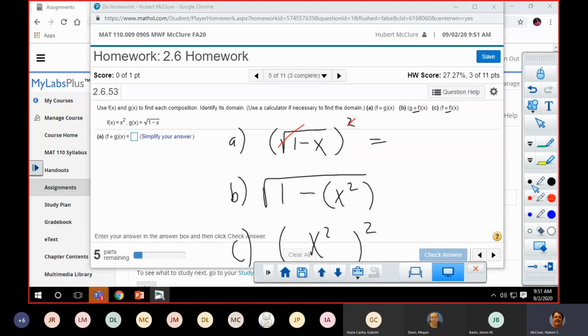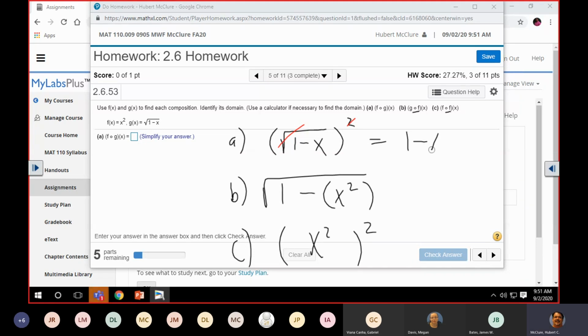They cancel and you get 1 minus x. Nothing happens here because you get the square root of 1 minus x squared. And here you get x to the 4th.